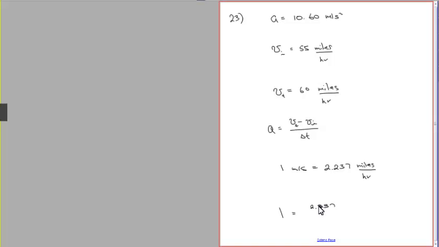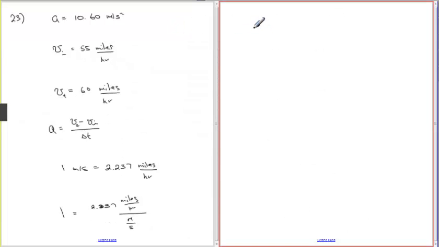So we get 2.237 miles per hour per meter per second. Now if we want to convert 55 miles per hour to meters per second, if we multiplied by this quantity, then we would have miles per hour squared divided by meters per second, which we don't want.